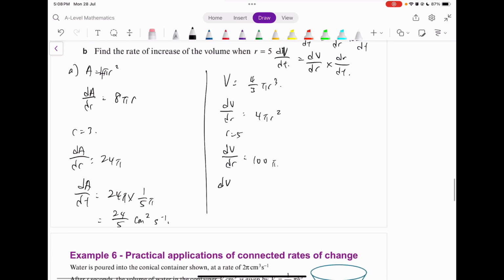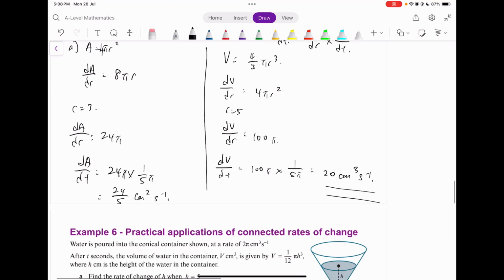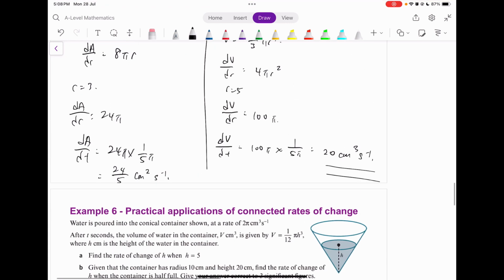So dV over dt is equals to 100 pi times 1 over 5 pi, that makes it as 20 cm cube per second. So it's increasing 20 volume per second. Okay, for the surface area, it's just increasing 24 over 5 per second.